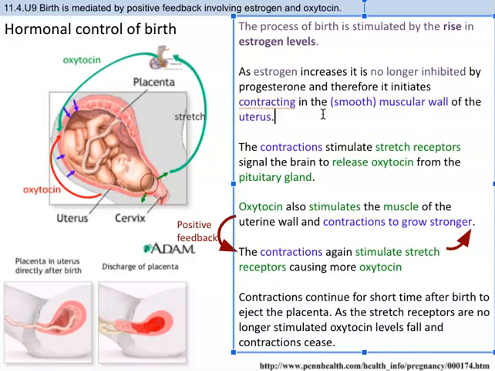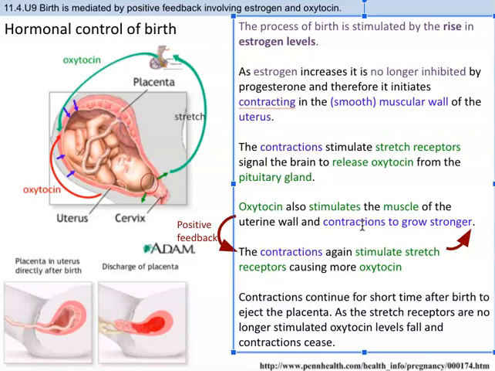These are the contractions that you know about during childbirth. These contractions stimulate receptors in the brain to release oxytocin. So you just need to know that the contractions are caused by increased estrogen and decreased progesterone, and that the contractions then cause a release of oxytocin from the pituitary gland.